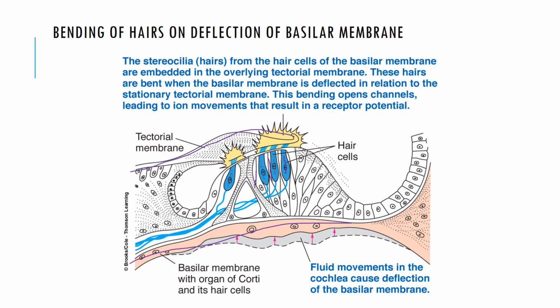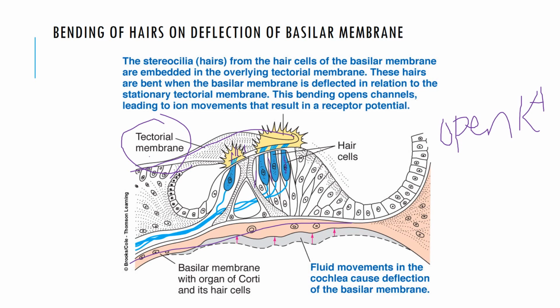So when sound waves enter the scala media, that middle layer, the tectorial membrane, this right here, will start to vibrate, and that will cause bending then of the stereocilia. What happens is that this is going to then open potassium channels that are facing the endolymph.